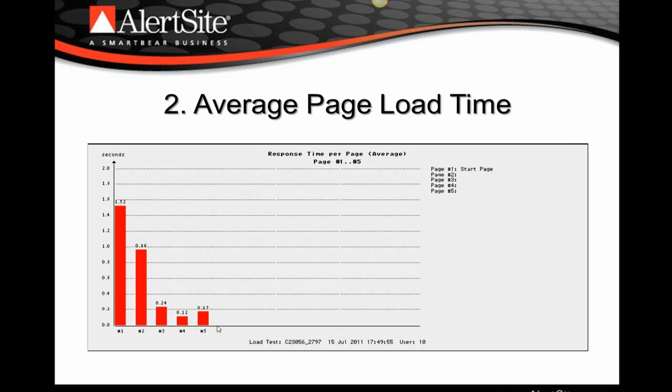But the real reason that you want to have this page load time chart is it's going to show you where your problems are, and it's going to tell you which pages need some remediation done to them. And as you do the work, you can see the changes immediately.